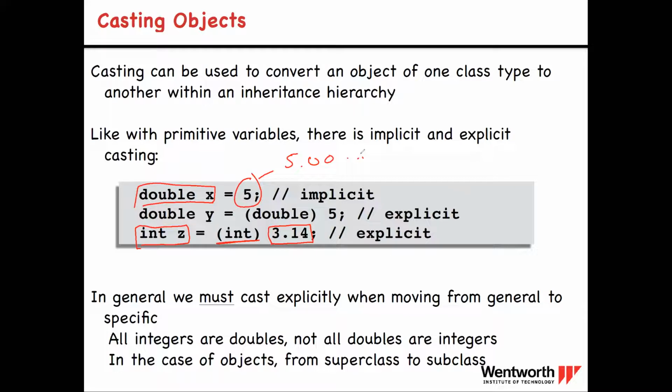But all doubles are not integers. Clearly, this is not an integer. So general here is a double. Specific is an integer.